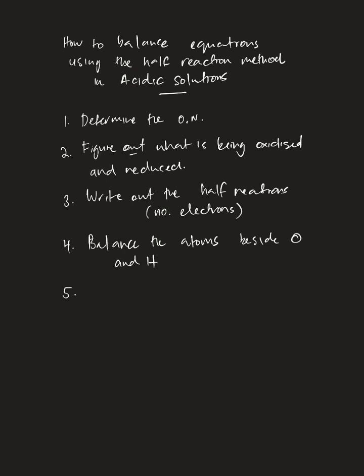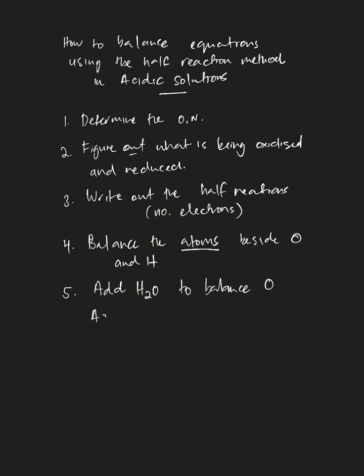The fifth thing we looked at is, how do we do that? So once I balance the other atoms, I need to balance O and H, right? So in order to balance that, I need to add H2O to balance the O, right?